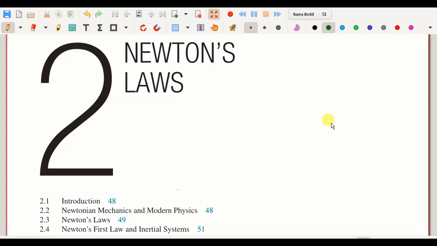Now you may ask, I think you are already familiar with this topic, because in our earlier classroom we also dealt with Newton's laws of motion and all the fascinating things about them. We have already studied Newton's three laws of motion, first, second and third, and also a little bit of momentum conservation and energy conservation.